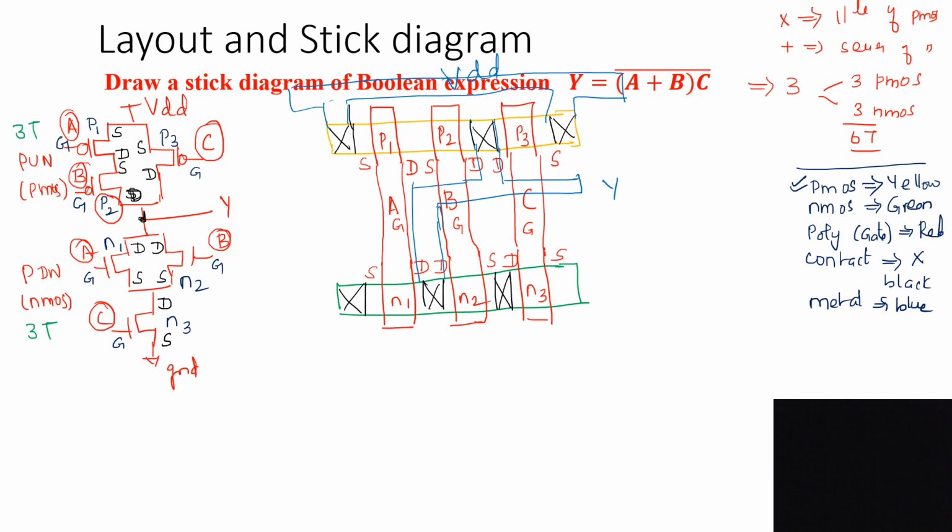That means this point we have to make the connection. So I will take this source, here also source. So this point is over. So by using blue color only, we have to make this connection.